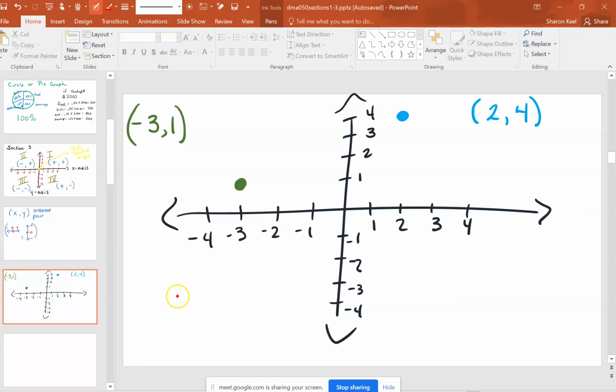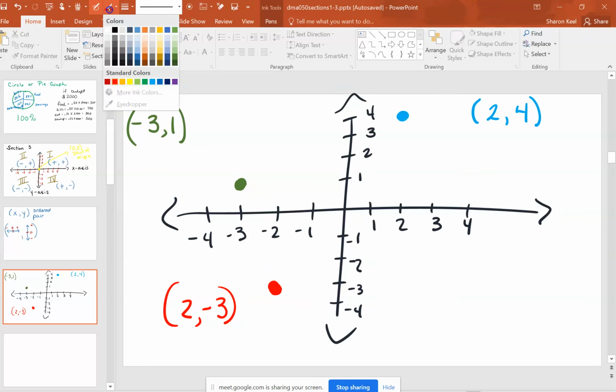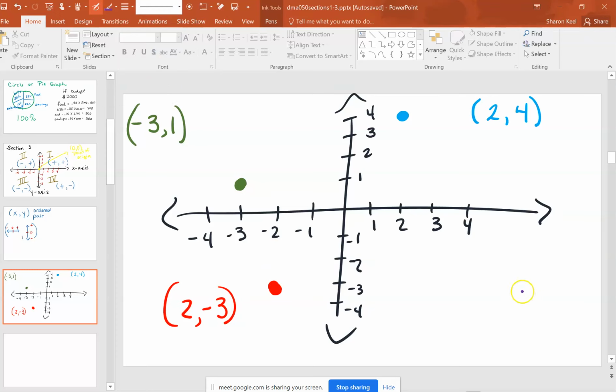If I'm going to graph, let's say (-2, -3), I'm going to go left 1, 2, and then come down 1, 2, 3. And if I'm going to graph, let's say (4, -1), I'm going to go right 1, 2, 3, 4, and then go down 1.